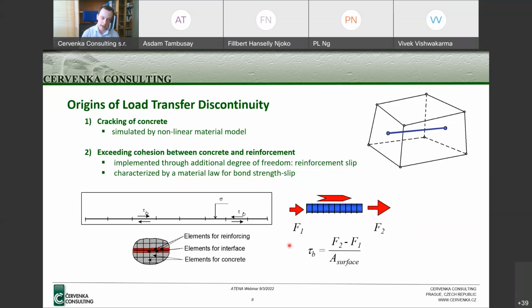If I have a bar with some given length, and I have a force at the two ends, and the forces are different, then to have equilibrium this difference in forces must be compensated by some cohesion force, which is transferred around the area of the reinforcement to the concrete through the cohesion stress.